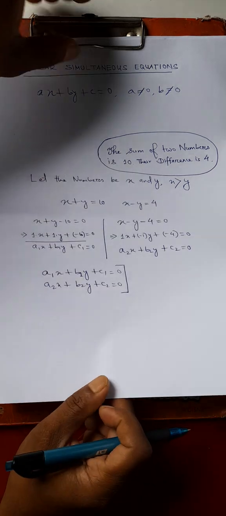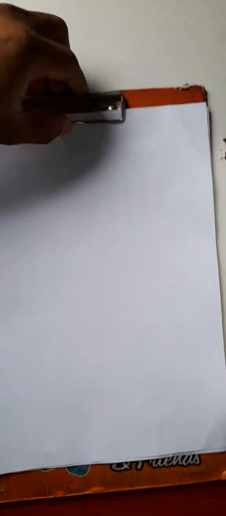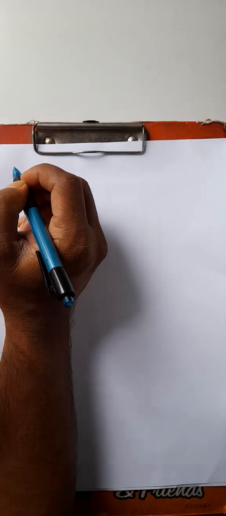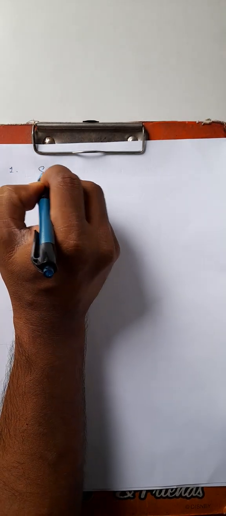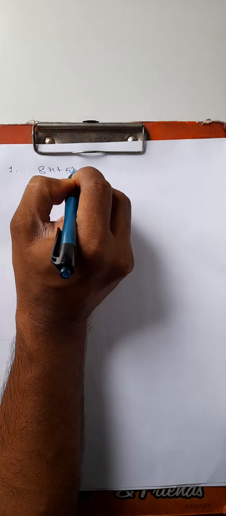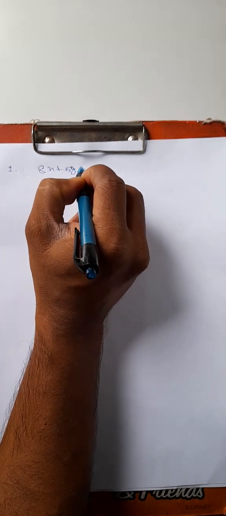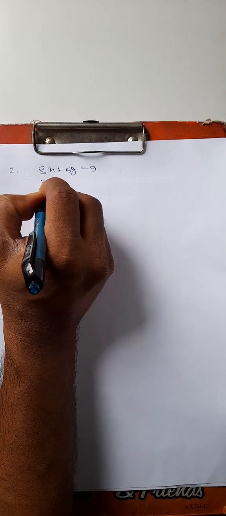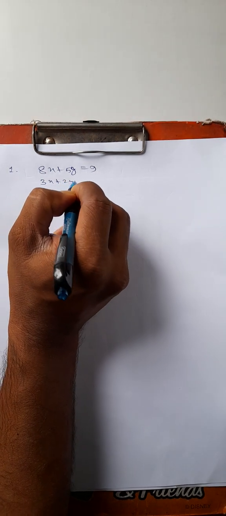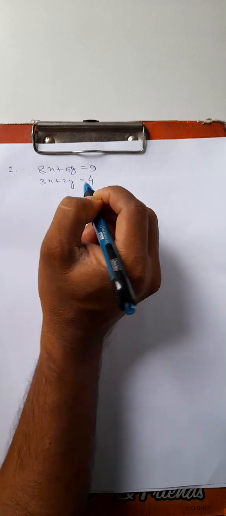So we will first start with one example. Say 8x plus 5y equal to 9, and 3x plus 2y equal to 4.